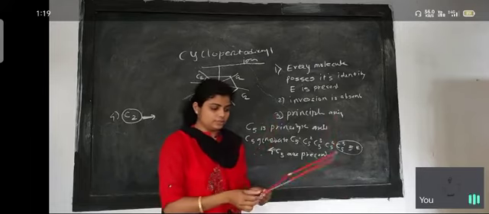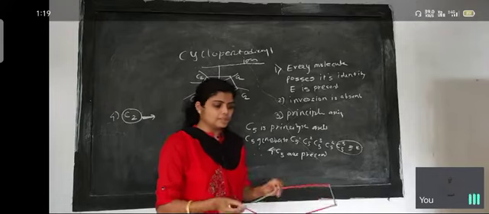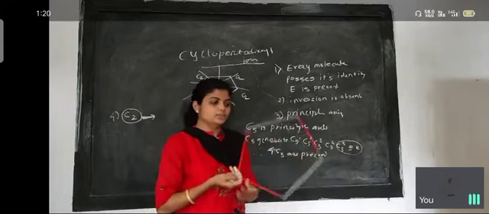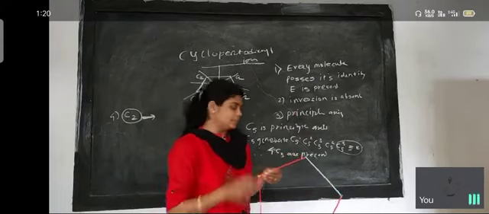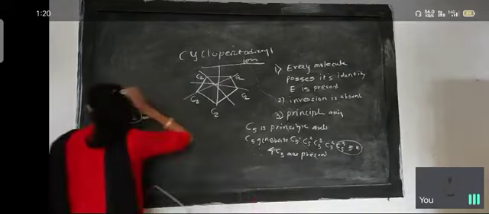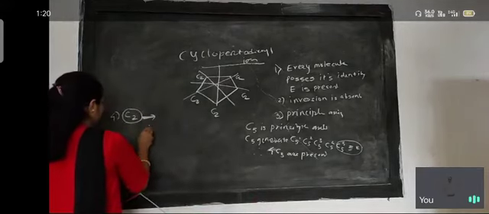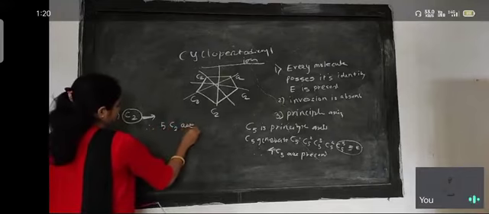Again the next carbon gives the same C21, C22, and again. So 5 carbons are present, and 5 C2 are present here. How many C2? 5 C2 are present.